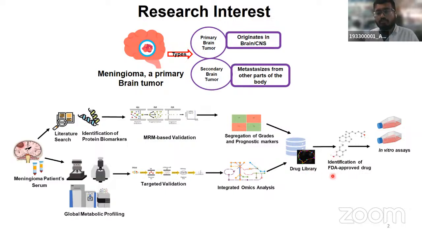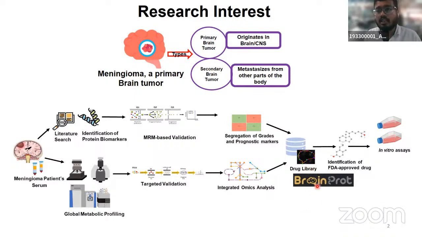Further, I have looked at the therapeutic aspect, because if you see in the literature, meningiomas are treated only with the help of surgery or radiotherapy, but chemotherapies are not quite effective and only used in supportive cases.